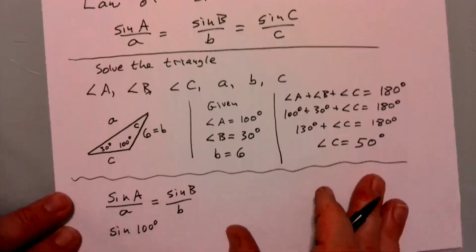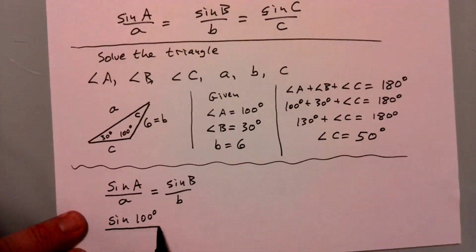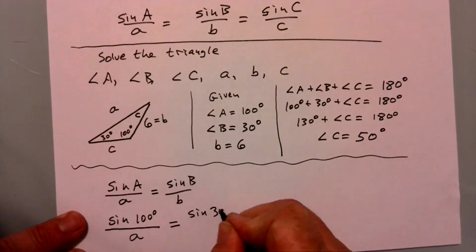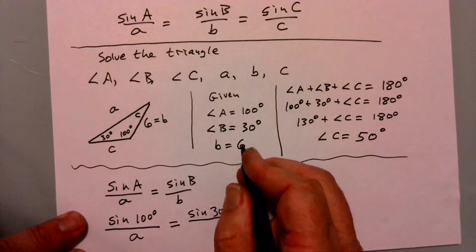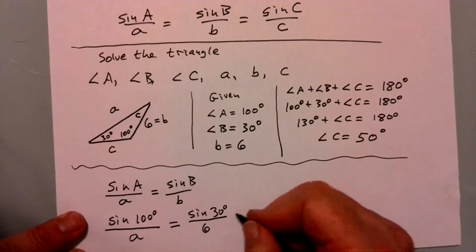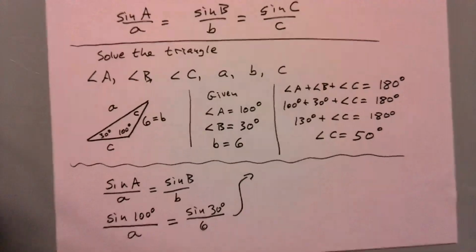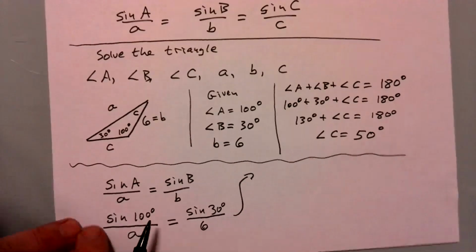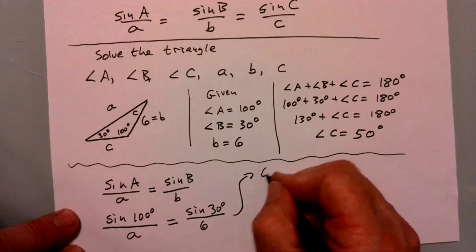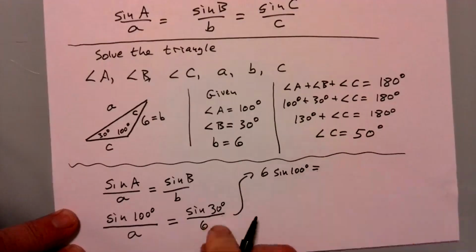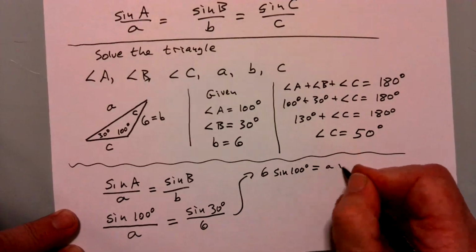Sine of 100 degrees over little a, which is unknown, equals sine B, sine 30 degrees, over little b, which is 6. Multiplying both sides by 6a, the a's cancel on the left-hand side. I get 6 times sine 100 degrees. Multiplying the right side by 6a, I get a times sine of 30 degrees.